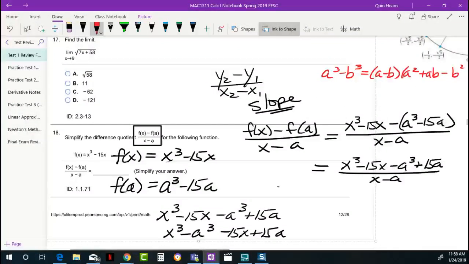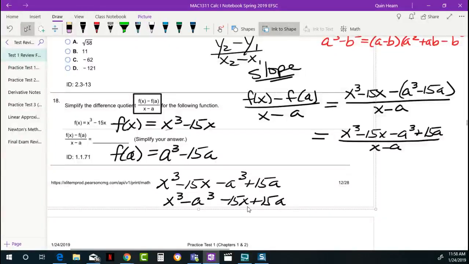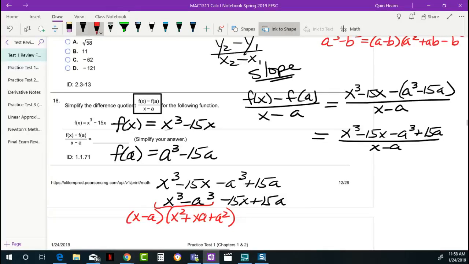Okay, so we could use that formula, and this is going to factor into x minus a times x squared plus xa plus a squared. And then that was the first pair here. And then if I factor a negative 15 out, we're going to leave behind an x minus a there.